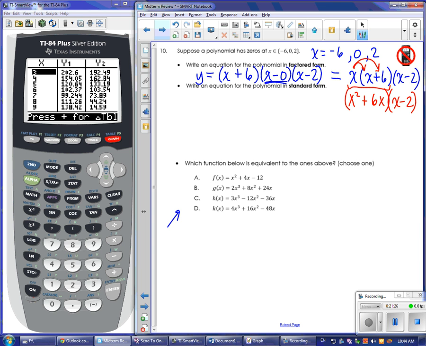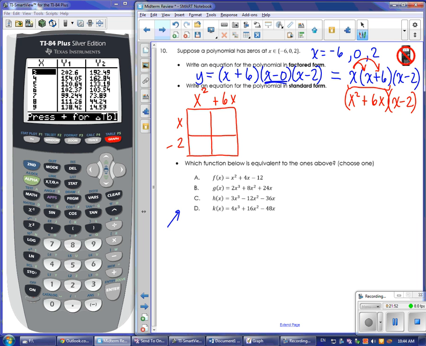And this is just 2 binomials that I'm multiplying. So I could use the FOIL method, or again, if you're more comfortable, you can use the box method. And it doesn't matter if you do your x squared plus 6x here and your x minus 2 here, or do it the other side. But remember, we multiply to get the values within our box, and then we add them together.